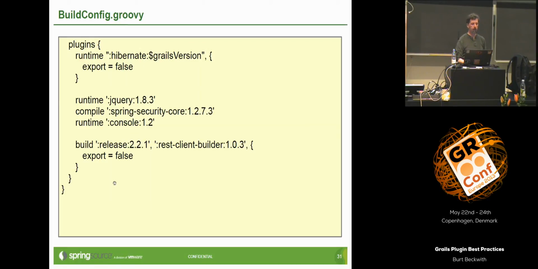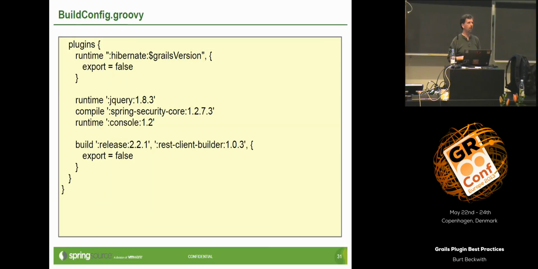This is the standard syntax for the release plugin. Please remember to set the dependency for the REST client builder. This is an annoying bug in Grails that I'm pretty sure is still broken. You can exclude the release plugin, just like I did with the hibernate plugin, but it won't exclude that plugin's dependencies, so this will leak into the plugin. You probably have the SVN plugin in some of your applications that came from nowhere.